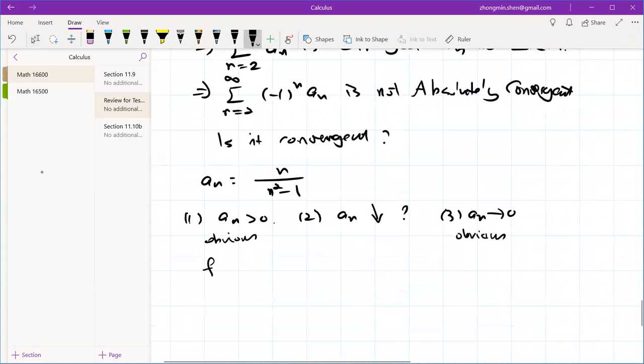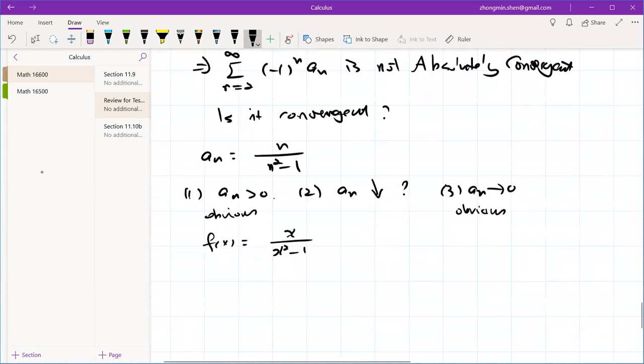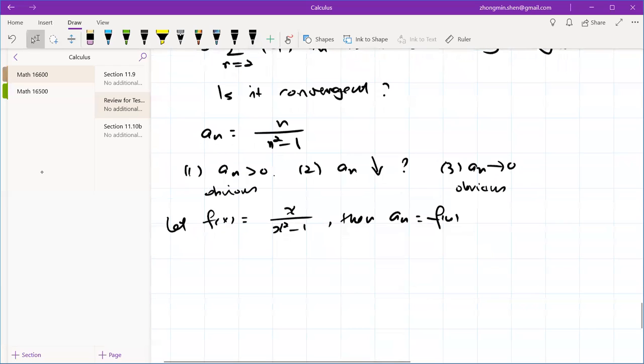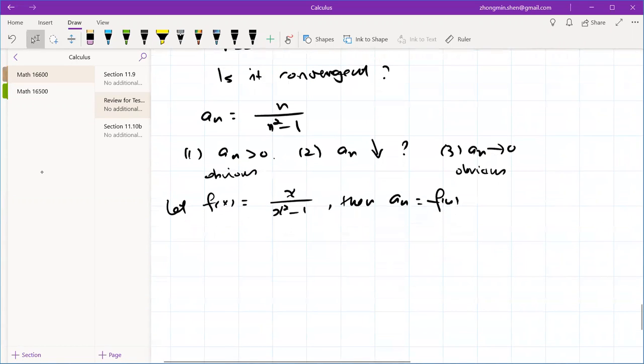How to do this? I use f of x equals x over x squared minus 1. As long as this function is decreasing, then the corresponding sequence is decreasing. So I just need to prove the function is decreasing. Then I differentiate: I get x squared minus 1, minus x times the derivative of x squared minus 1, which is 2x, all over x squared minus 1 squared.